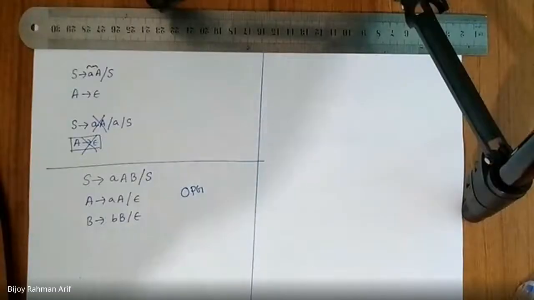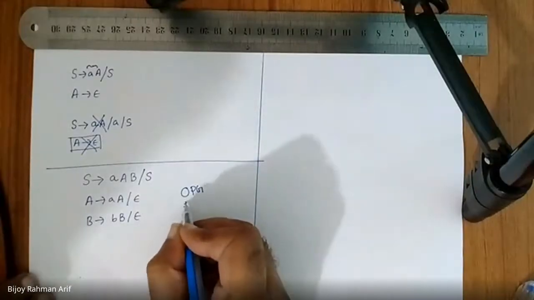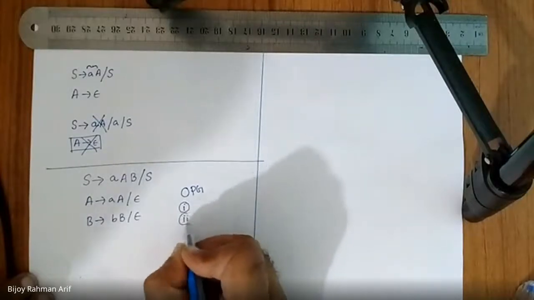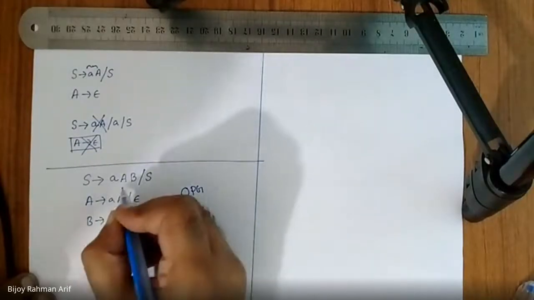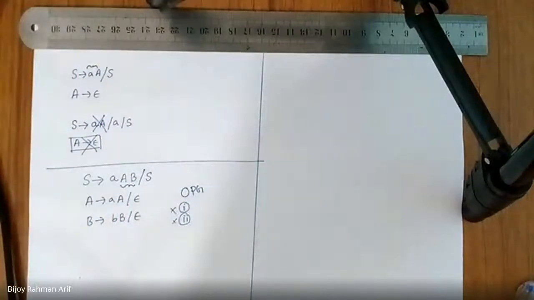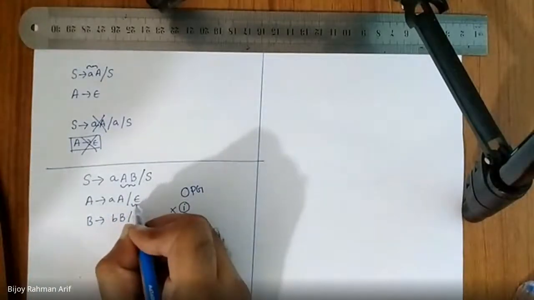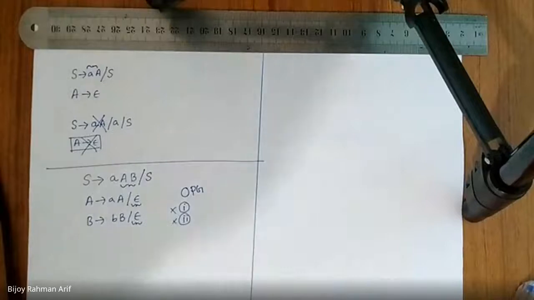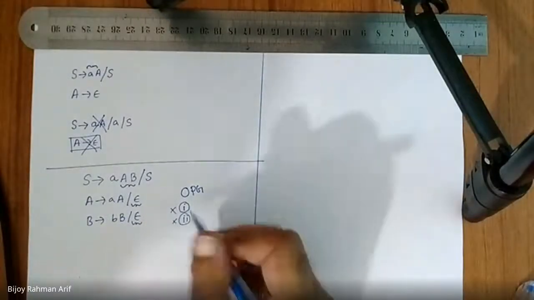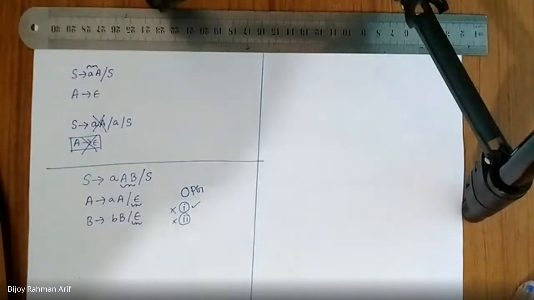Because it is breaking rule number 1 and 2, both. Number 1 because there are variables side by side, and number 2 because there is epsilon. So let's try to fix number 1 first. How can I fix that one? Which one should I replace?